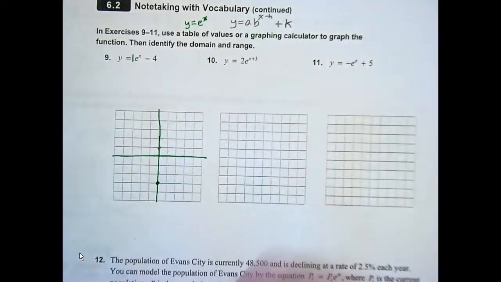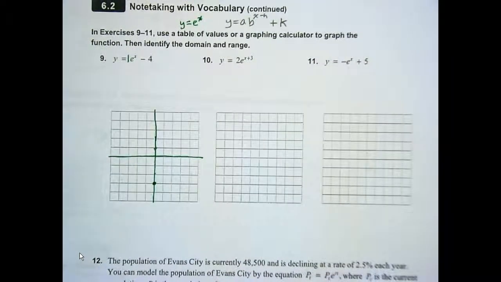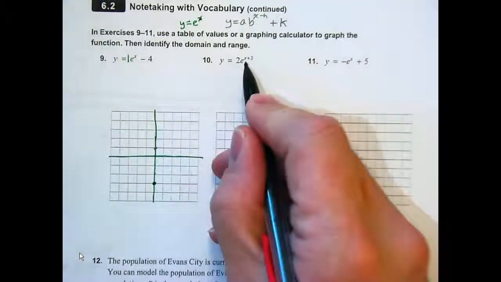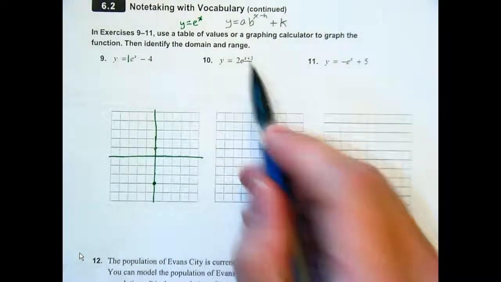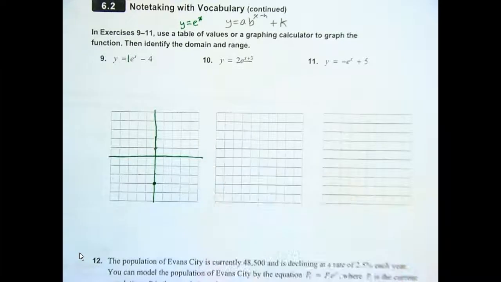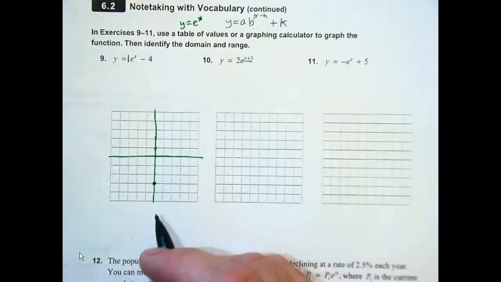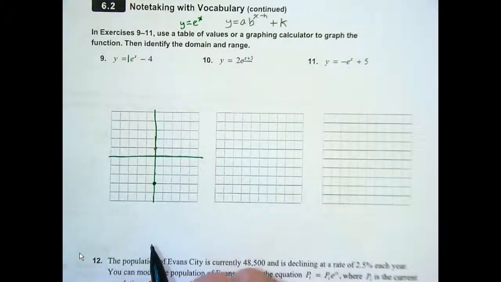Does that mean with the +3, you still go the opposite way, so left 3? Yeah, very good. This one's going to move your y-intercept left 3 units. Pretty exciting stuff.